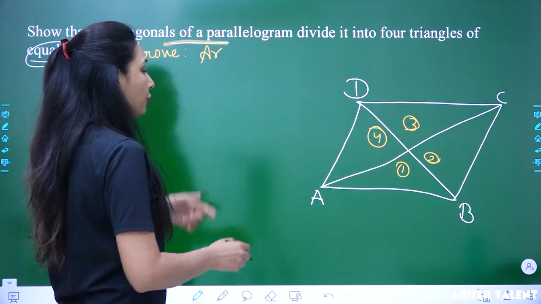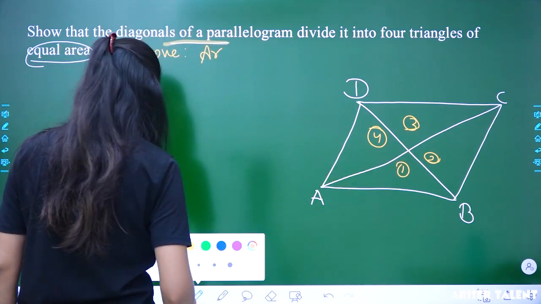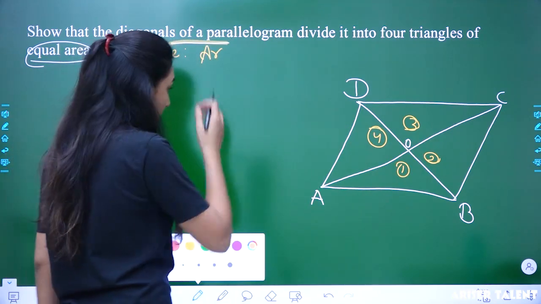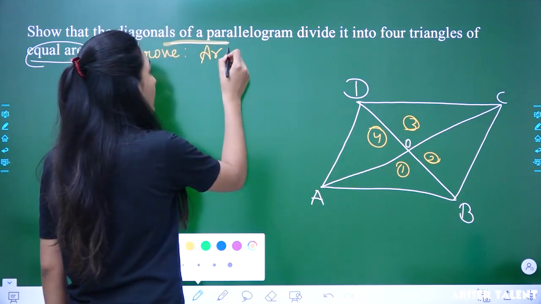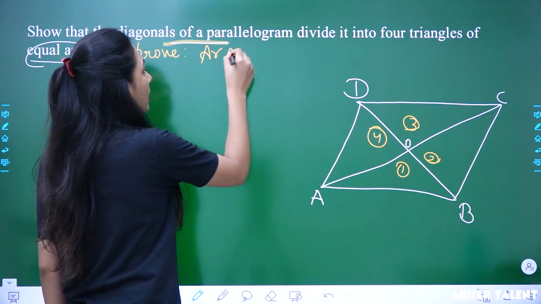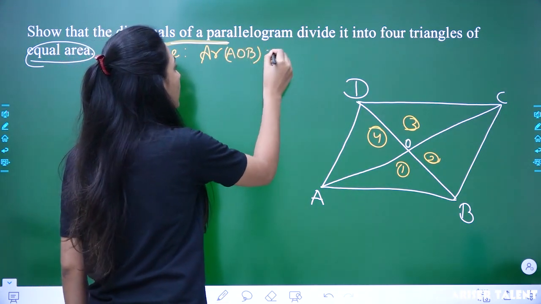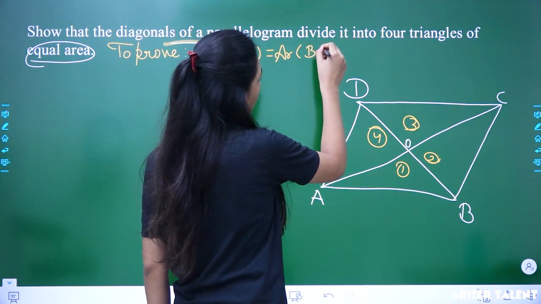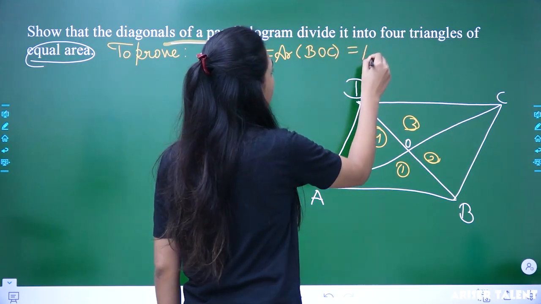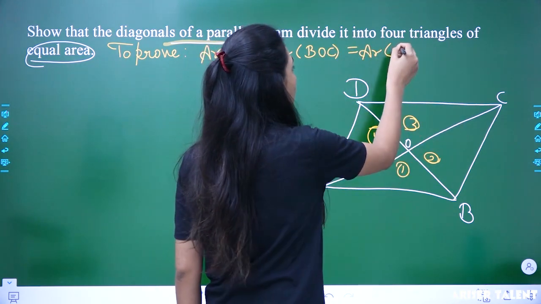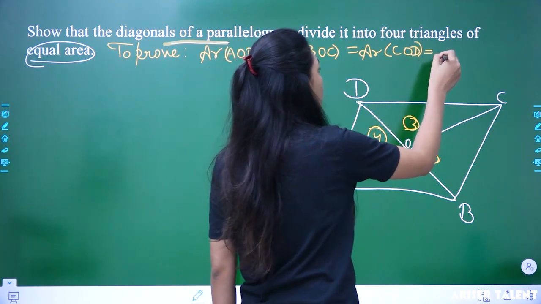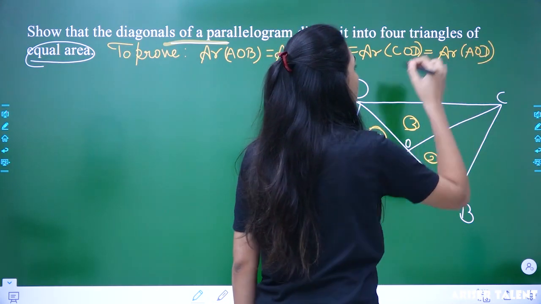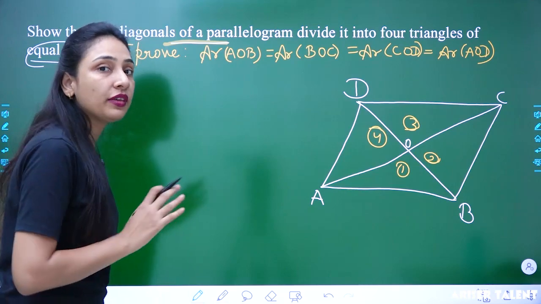So if this point is something we call O, then we have to prove that area AOB is equal to area BOC, and the third area, COD, is equal to area of AOD. Understood? This we have to prove.